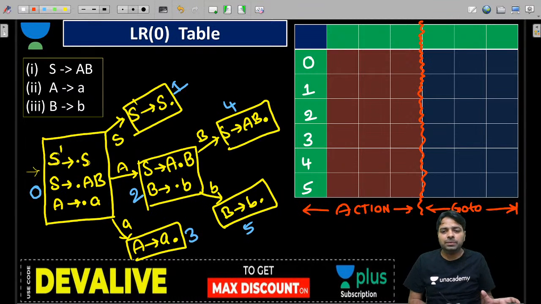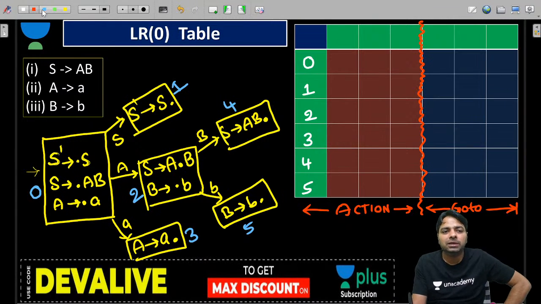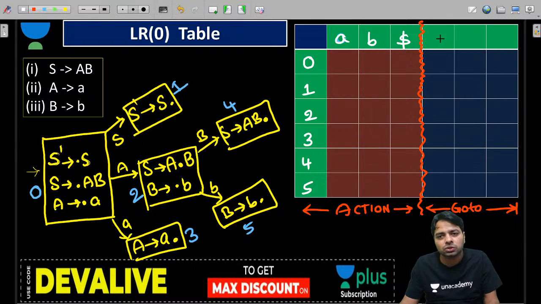Action table, go-to table. We can combine the two tables, not a problem, and you can assume it is one table. In the action table, we have only terminals like small a, small b, and dollar. These terminals correspond to action, and go-to corresponds to non-terminals.